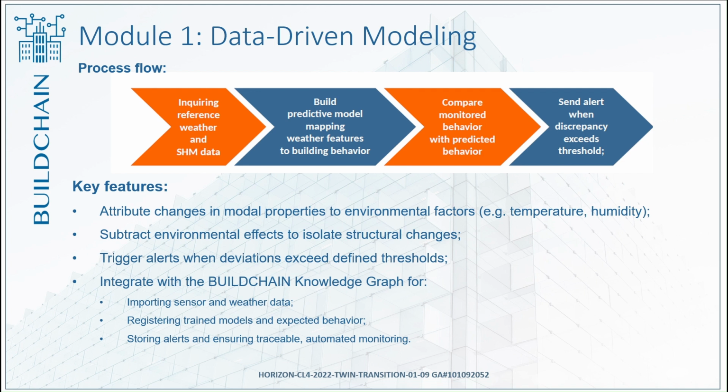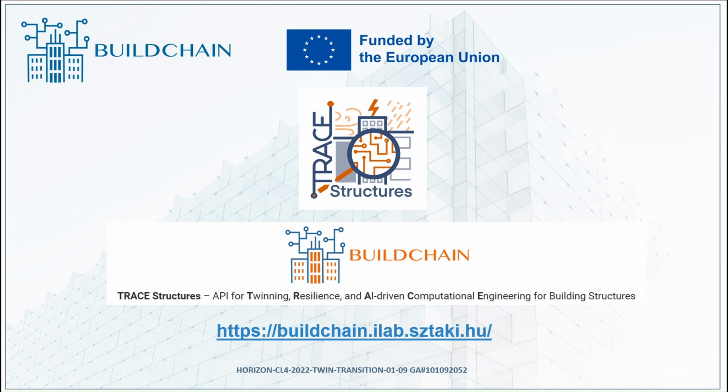This model allows us to compare real-time measurements with predicted behavior, so that when discrepancies exceed a defined threshold, an alert is triggered. All data, models, and alerts are managed through the build chain knowledge graph, enabling traceable, consistent, and automated monitoring over time. Ready to explore the Trace Structures API?